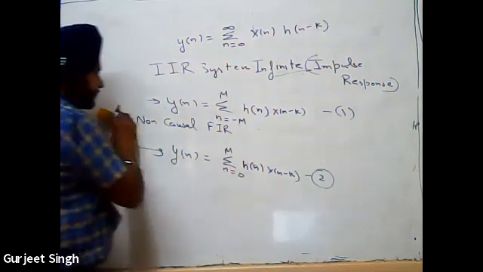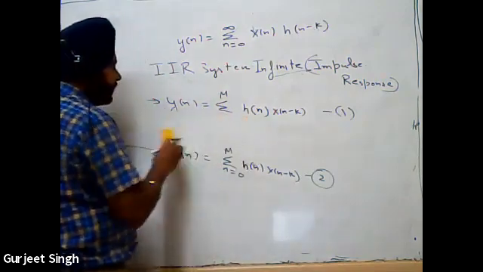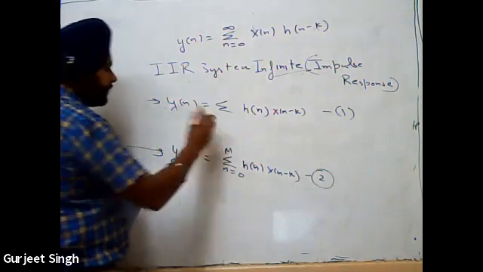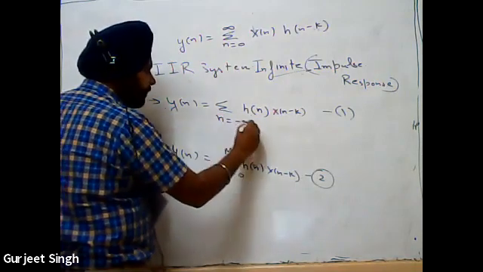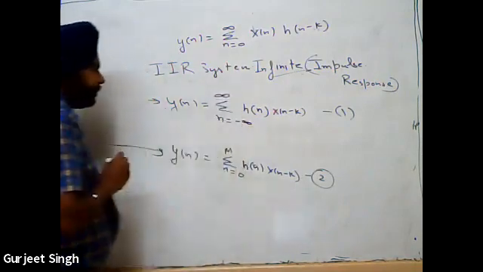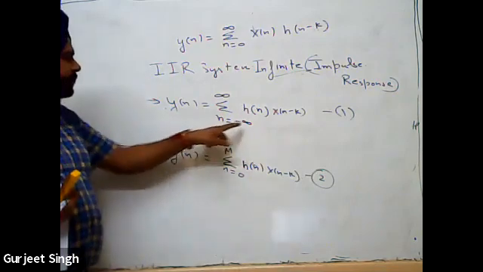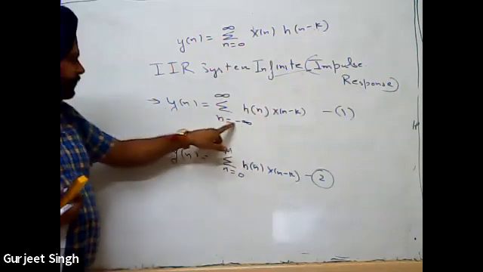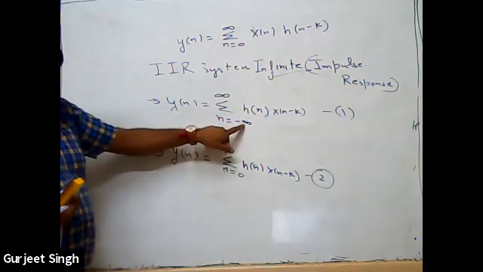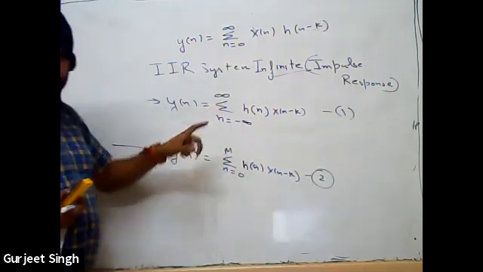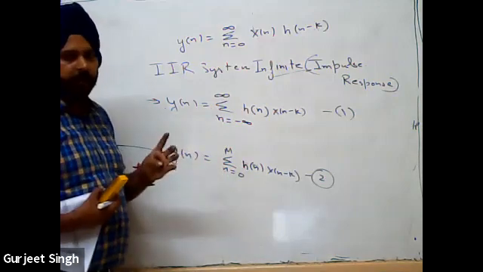So in this case, we take the equation y[n] equal to summation k from minus infinity to infinity, because here the number of samples of h[n] is infinite. So the range in this case is infinite.